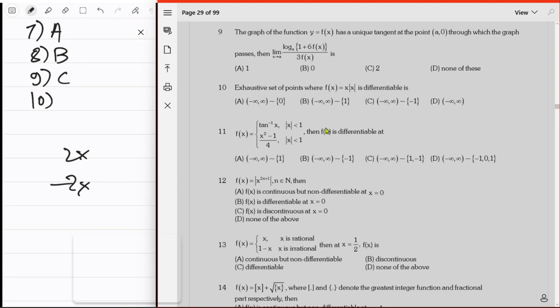That's the derivative. It's also continuous because mod x is a continuous function and x is a continuous function, so the multiplication of any operation, in fact, except division, of course, is continuous. That explains it. So throughout the real number line, it is in fact differentiable. So D is the answer. Next question.